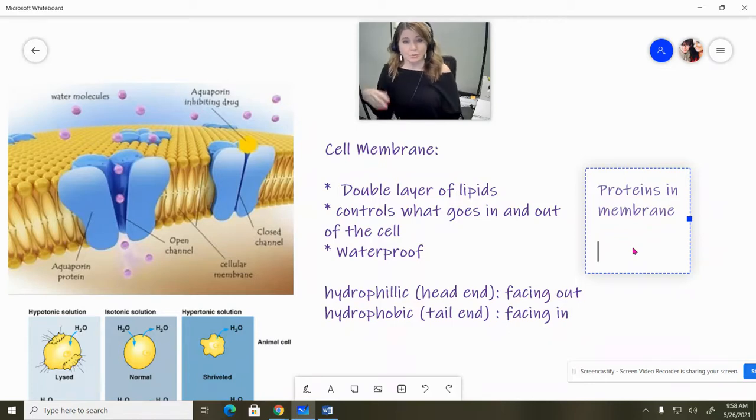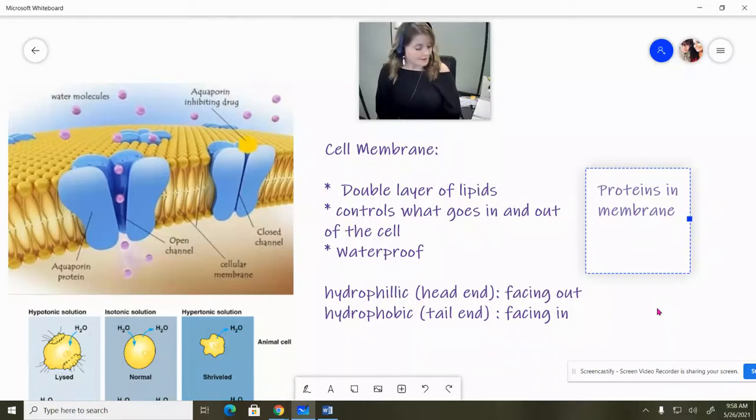Some of them are like doorways or gateways that allow stuff in and out, and some of them are very specialized, so they'll only allow certain things in and out. Some of them act more like a lock, with a specific receptor that's only there for a certain hormone, which has a matching receptor on its end, so that they can match each other up.